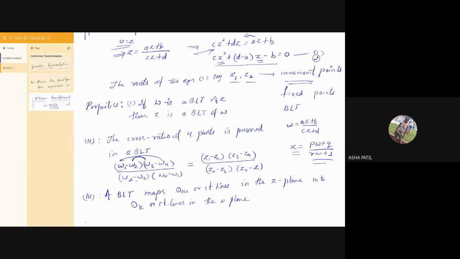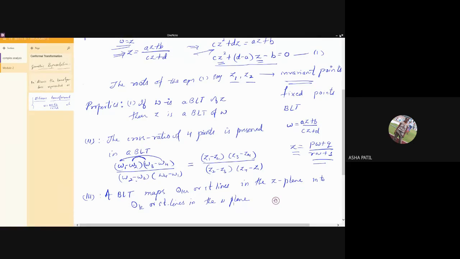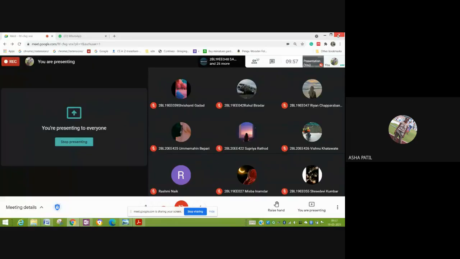Can anybody explain what it means? A bilinear transformation maps circles or straight lines into again circles or straight lines. Can anybody tell what it means?